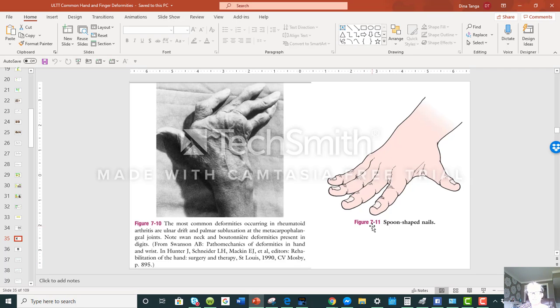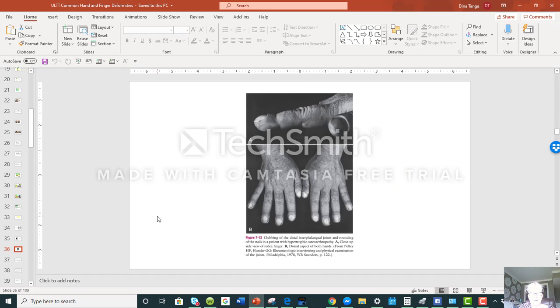On figure 7.11, it shows the spoon-shaped nails. Figure 7.12, clubbing of the distal interphalangeal joints and rounding of the nails in a patient with hypertrophic osteoarthropathy. Up here. Interesting.